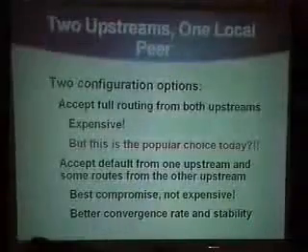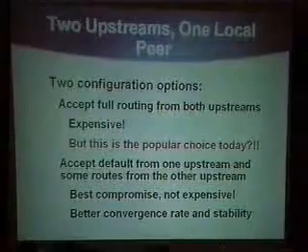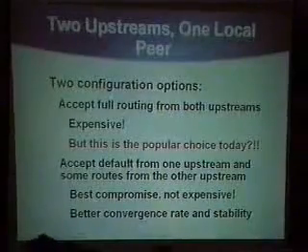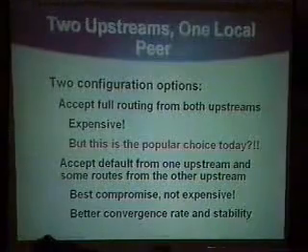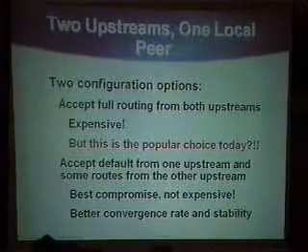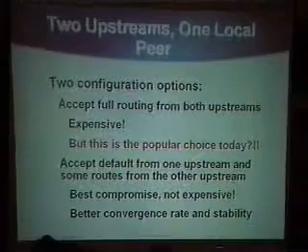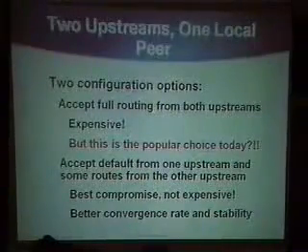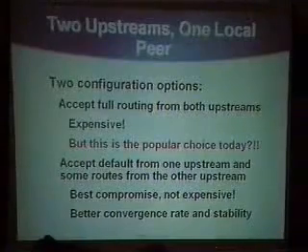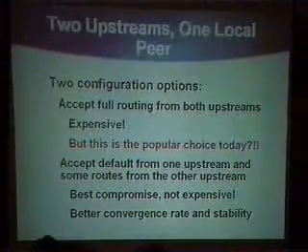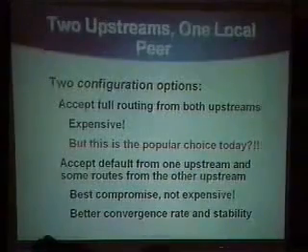Okay, 2 upstreams, 1 local peer. Well, the 2 possibilities: accept the full routing from both upstreams, or accept the default from one upstream and some routes from another upstream. As I said, most people seem to go for this. I'm not quite sure why. Maybe there's some perception that having all the specific paths in the routing table is better than just accepting a default.